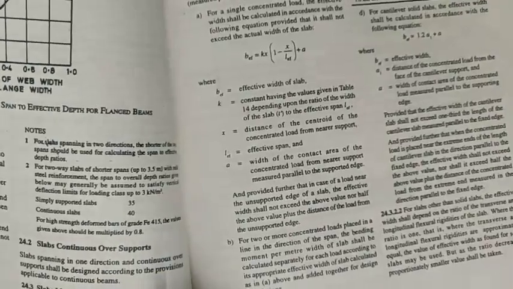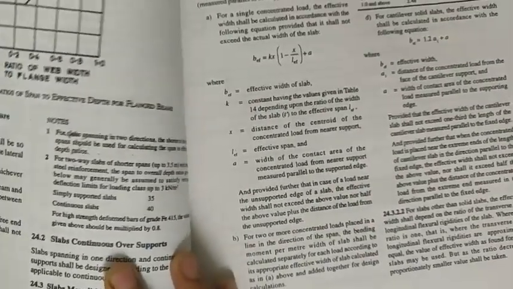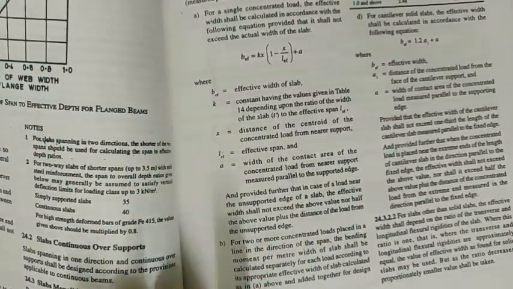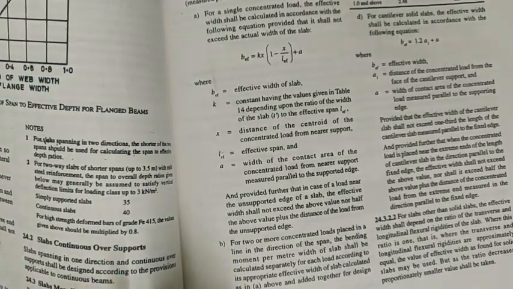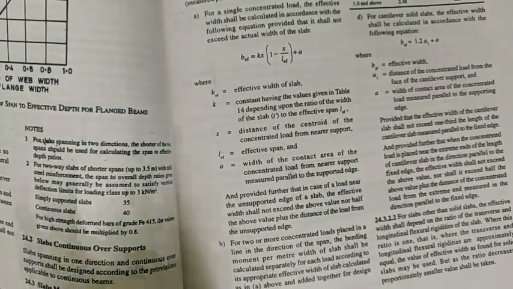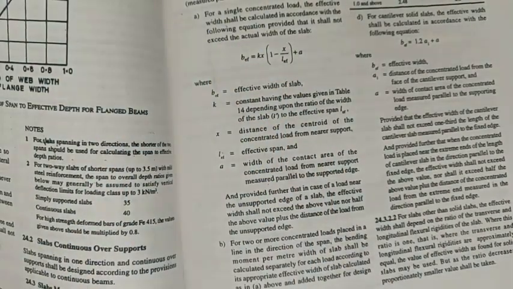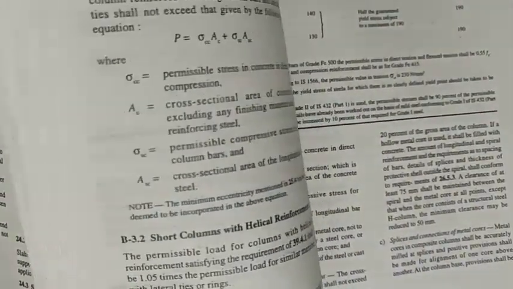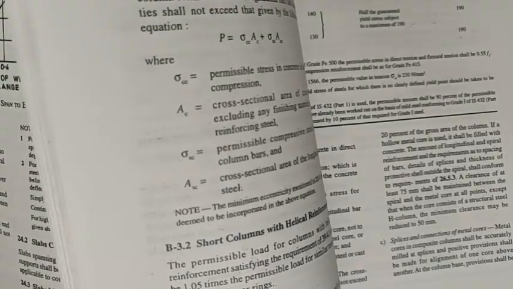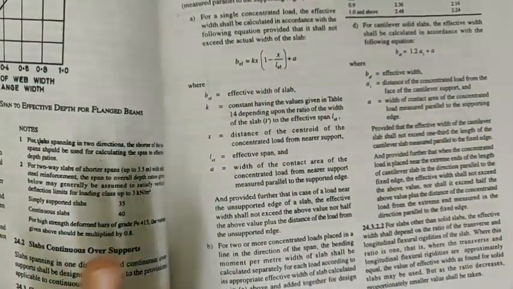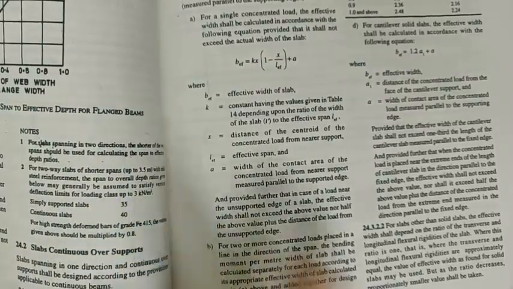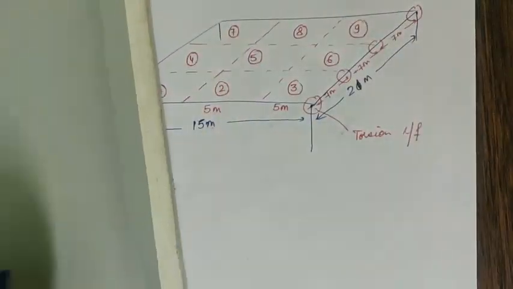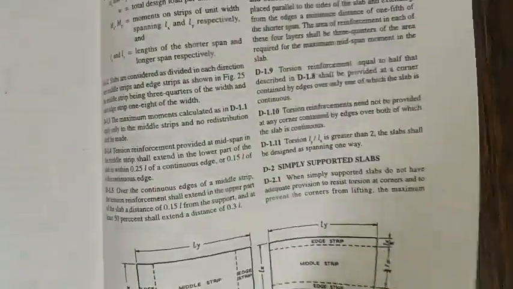Over here, it is well written that you can use any of the procedures that are applicable, and as the engineer feels these procedures are okay, they can use them to design the slab. So not only this procedure, there are a number of other procedures available, and if those procedures are well defined, they can be used for the design of slabs. What we will be using is the procedure specified in D1.